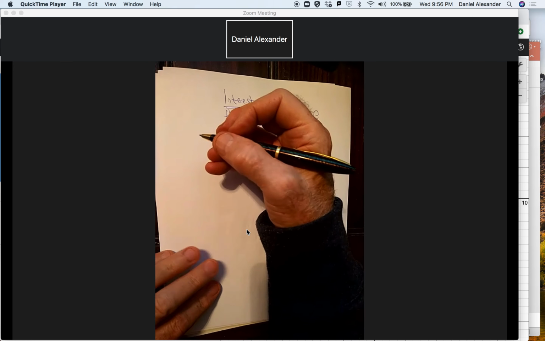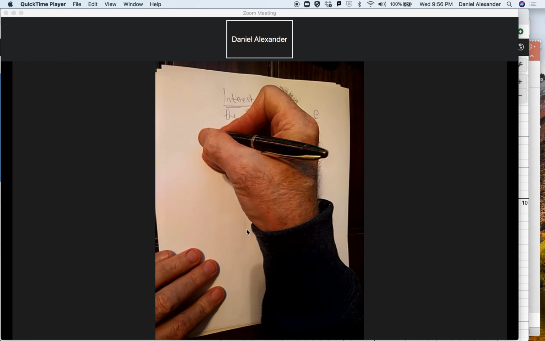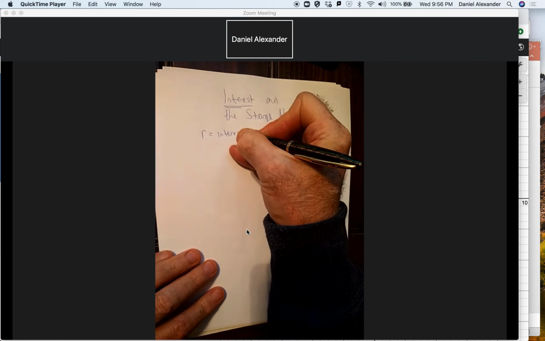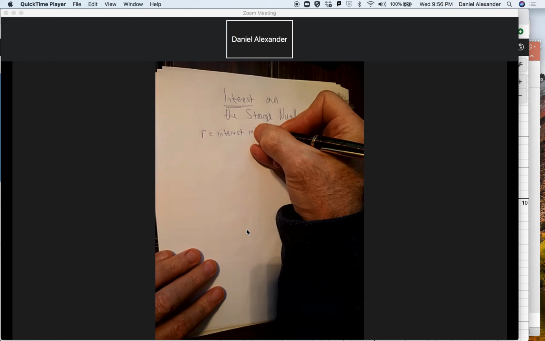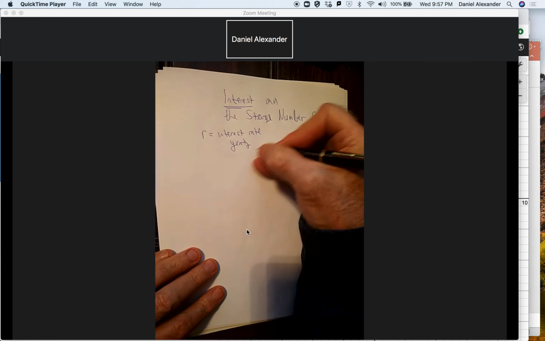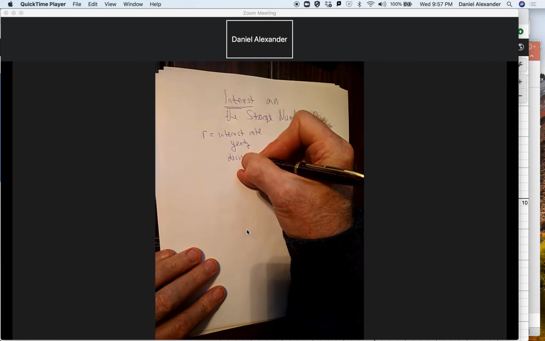So I want to talk about the moving parts of interest. We're going to have R, which is going to be the interest rate yearly, and it's going to be as a decimal. And so I'll show you what I mean.